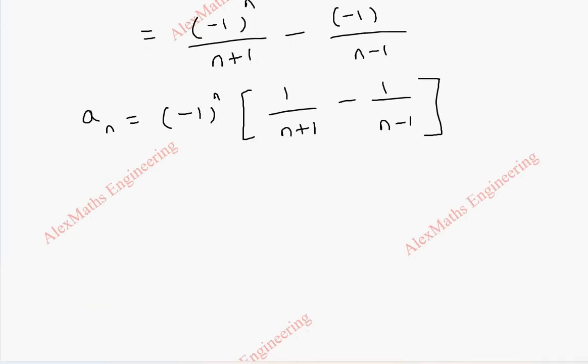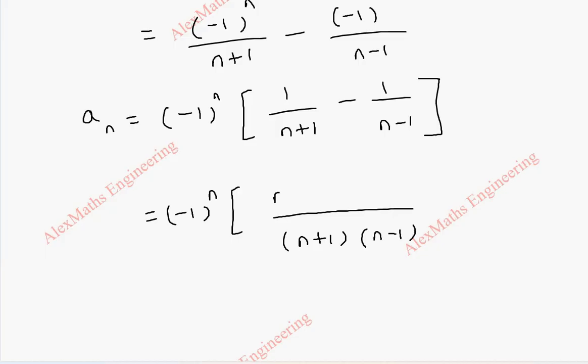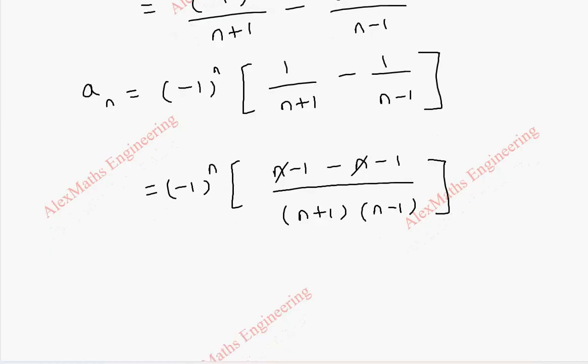Now further we can take LCM. So (-1) whole power n, when we take LCM, here it is (n+1) into (n-1). So this is n-1 minus n minus 1. So after cancelling this, we are left with minus 2.